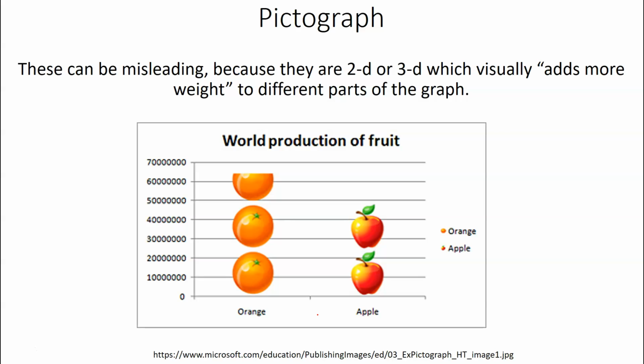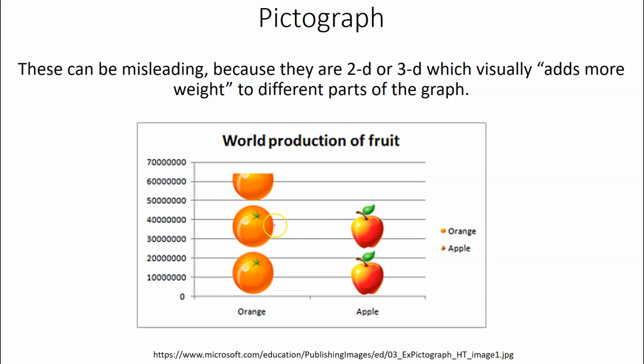All right, so I'm going to give you some categories here. Pictographs. Pictographs can be misleading. Sometimes these things are drawn in 2D, sometimes drawn in 3D. What makes them misleading is the pictures themselves can add more weight to a different part of the graph. What I mean by that is, literally, if you take a look at these, do you notice that the oranges are a little bit bigger circles than the apples?